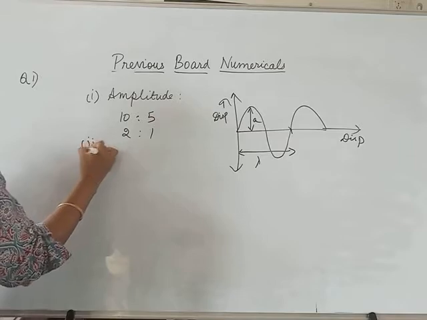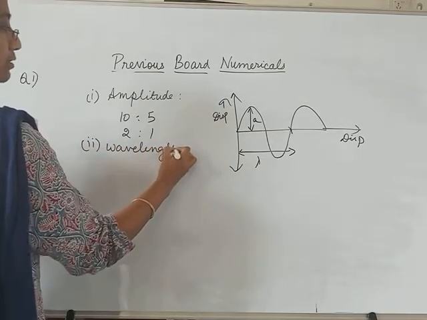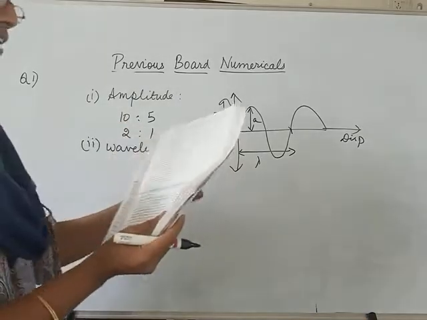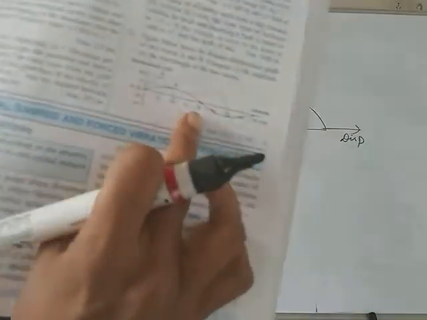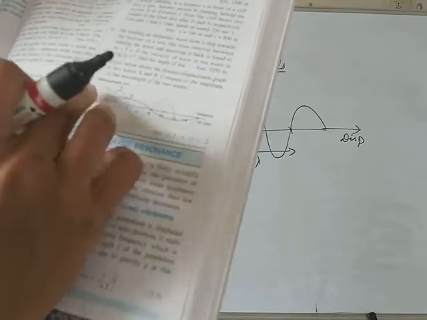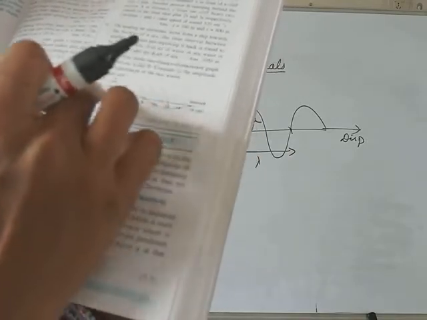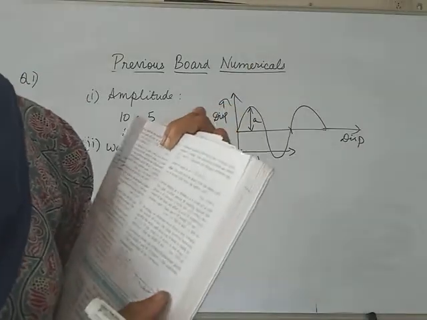When it comes to wavelength, the length of each wave, if you see the wavelength of wave A, one wave's length is 8 meter. Can you see this? This is one wave, its length is 8 meter. For wave B, one wave is going till here, that is 16 meter.